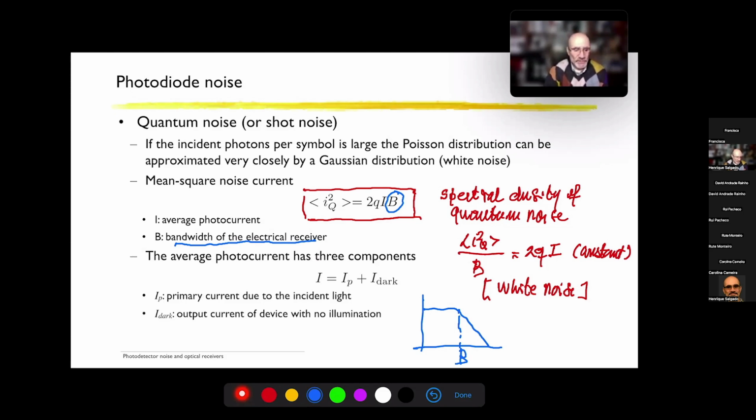Just one note here, which is the average photocurrent associated with the signal that appears in this equation here has 2 components, the signal primary photocurrent plus the dark current, which is the other source of noise that I just mentioned before. So, any questions?